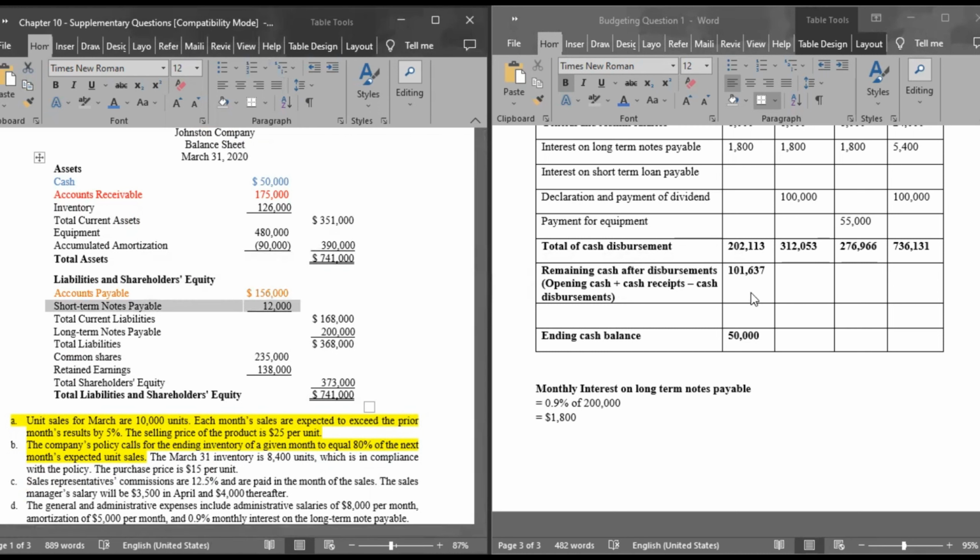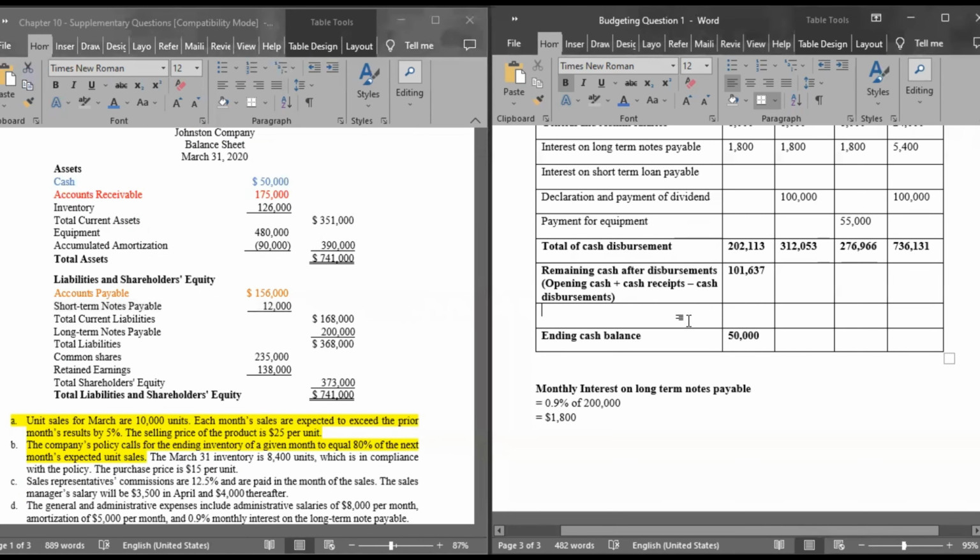Currently, we have remaining cash of 101,637. It means this cash balance is above 50,000. So for the amount above 50,000, we first need to repay the short-term notes payable. In this column, we will write down repayment of loan, borrowing of loan.